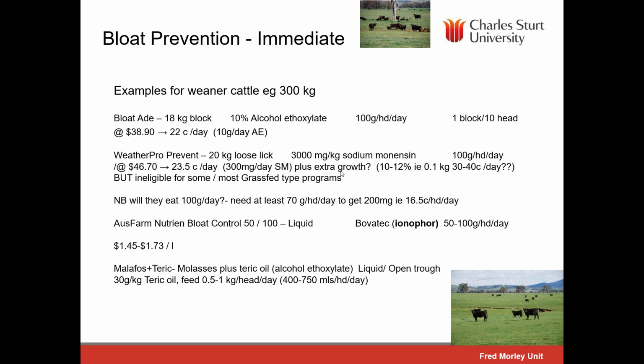Obviously, with any of these monensin products, they're probably putting on 10 to 12% increased growth rate, particularly if they're already on good feed, which they probably are if they're blowing. So that probably equates, if they're growing at about 1.2 kilograms per head per day, to around about 0.1 of a kilogram.